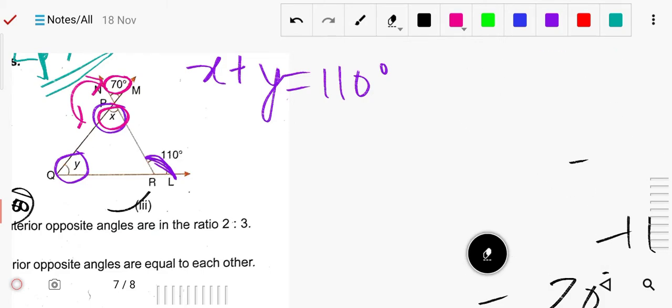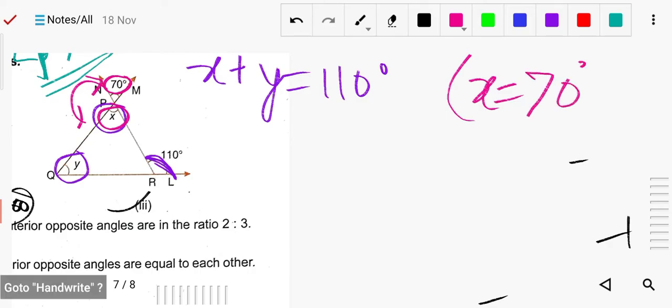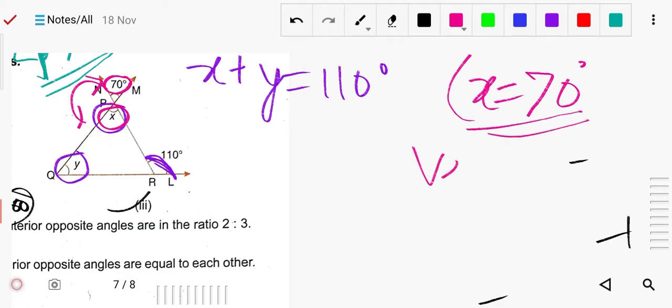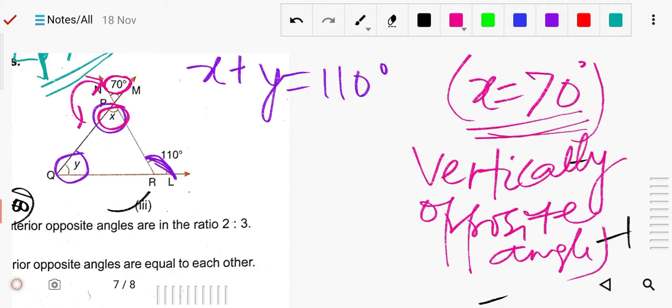So you can write here in the bracket: x equals 70 degree, and the reason is vertically opposite angles. Okay, so x equals 70 degree.